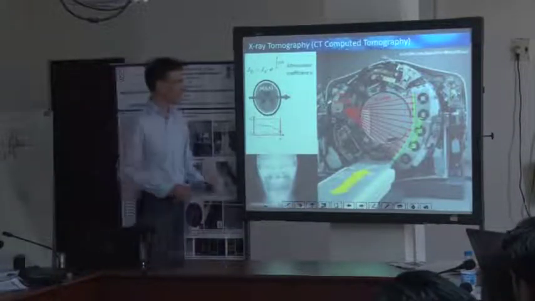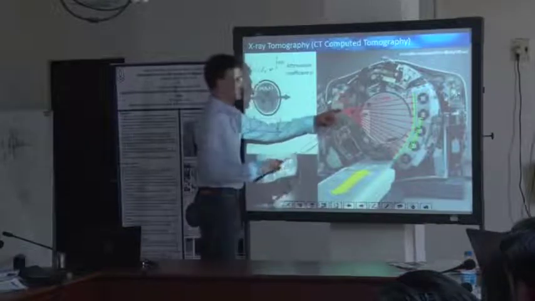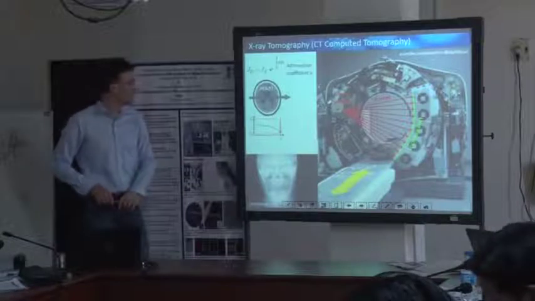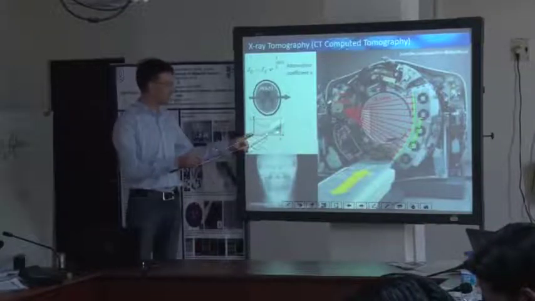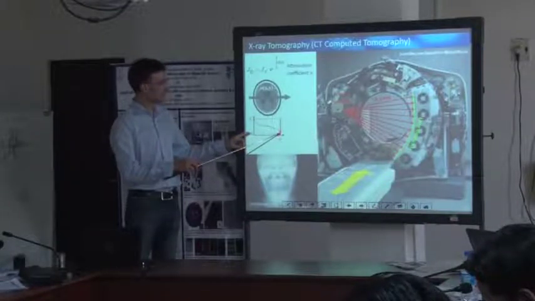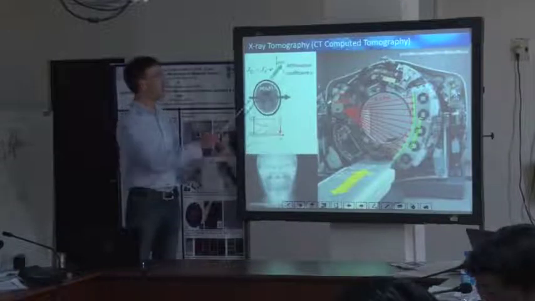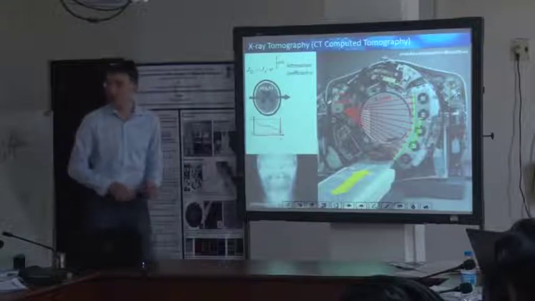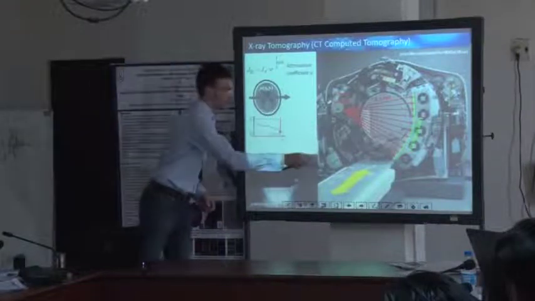Along these different trajectories, the intensity is measured. It's pretty simple: we measure the final intensity, which is simply given by the integration of these different attenuation coefficients along our trajectory.